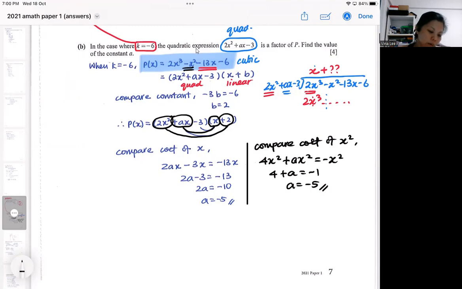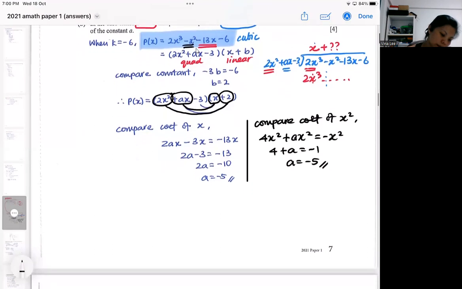There is another alternative method from one of the students, so I will roughly explain the other method. After k equal to -6, some students see it as a cubic equation, and then they do the trial and error.